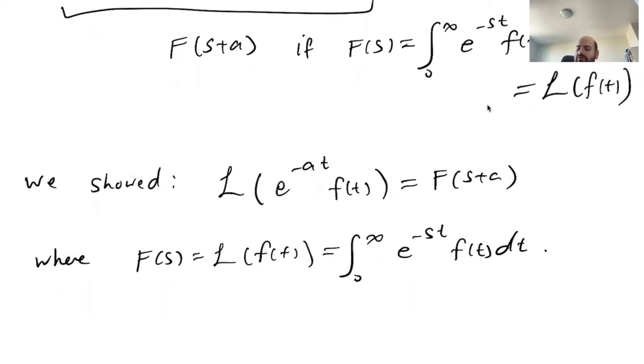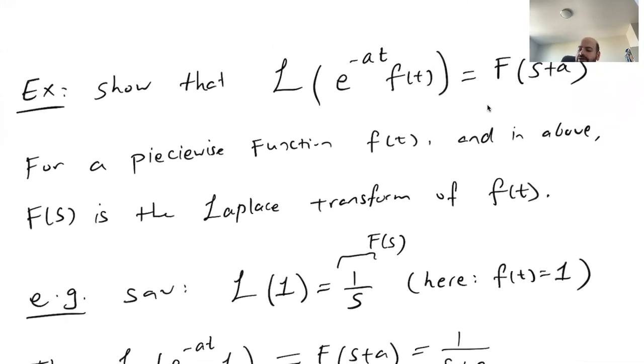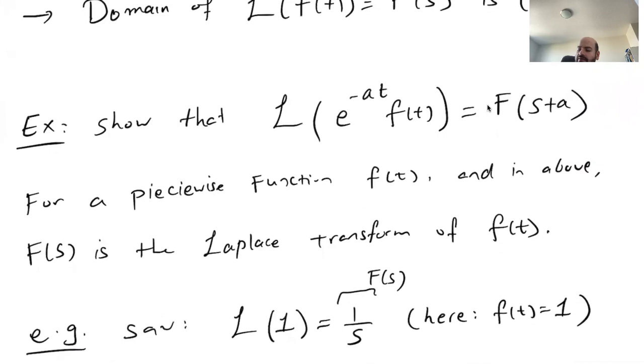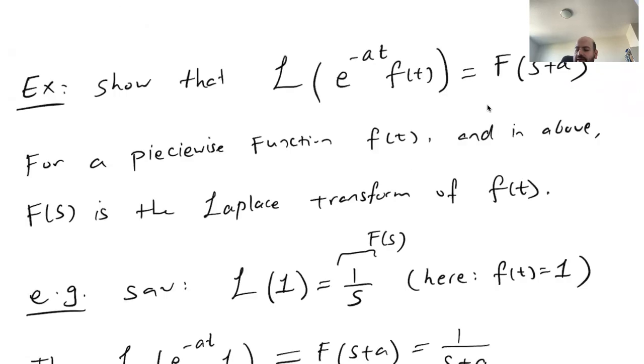So this is a general formula that you can apply for any function. We saw that if we apply it for f of t equals 1, we get the result that we saw in the previous example. But of course, we can apply it for any function f of t here. We'll see more examples later.